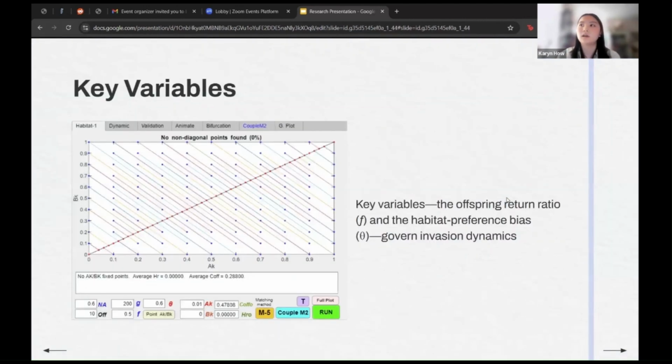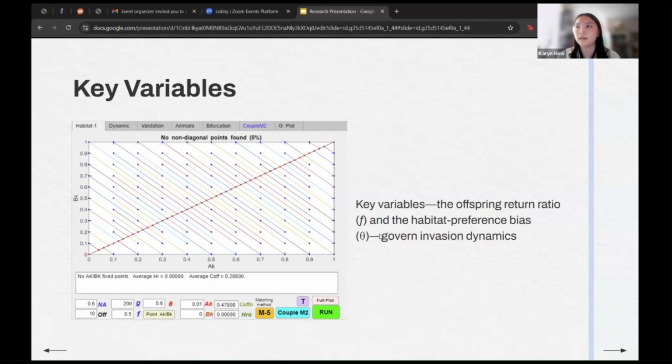What this means is, if we look at our key variables, the offspring return ratio F represents the strength of the disruptive ecological selection and determines the extent of how many hybrids we lose, which is also represented by HR, which is needed to drive the invasion and the coupling of habitat preference barriers.